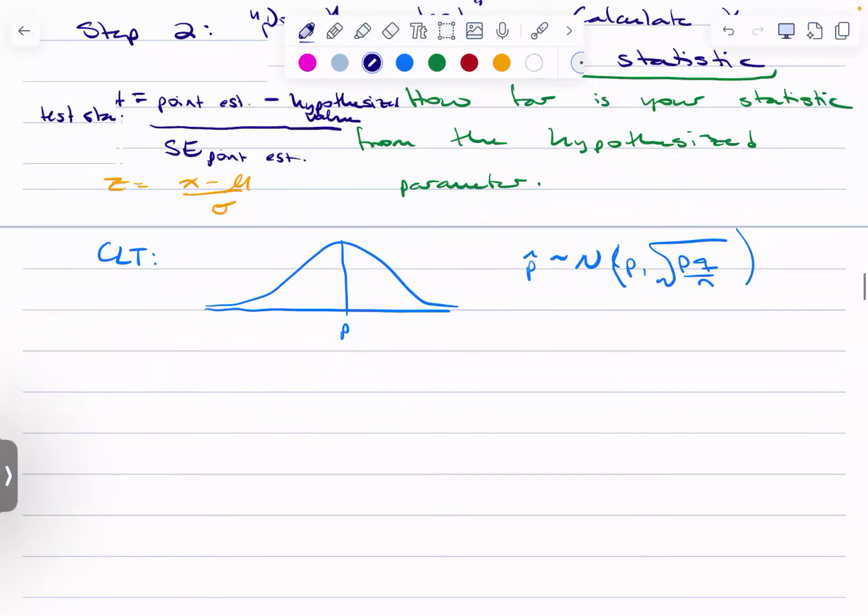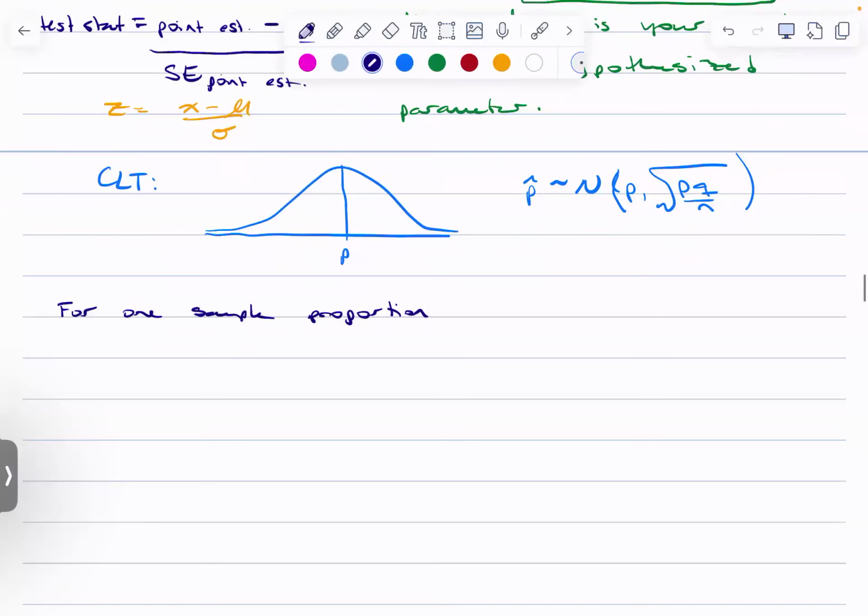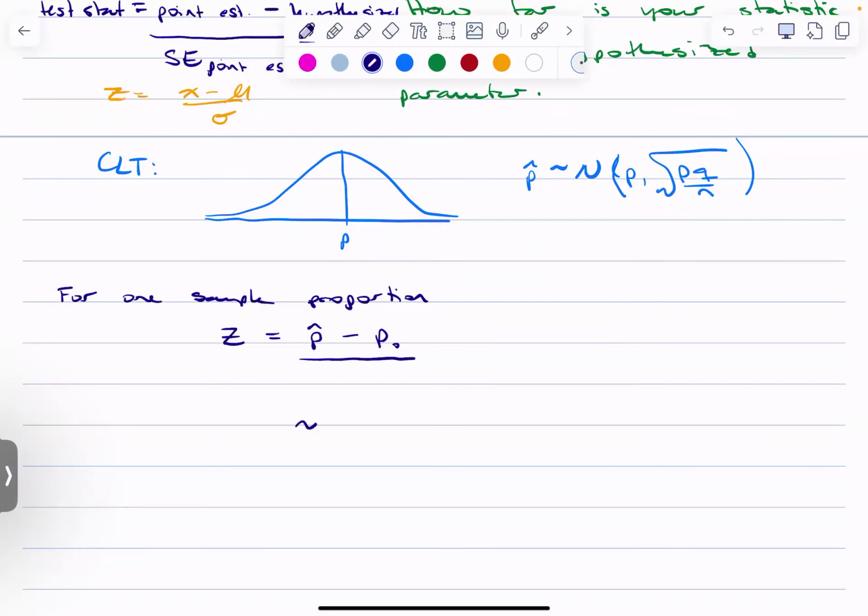So for one sample proportion, we'll be able to calculate a Z because it came from a normal distribution. Z is going to be p hat minus p naught. How far is my sample proportion from my hypothesized proportion, if the spread, and this is where it gets a little bit weird, is the square root of p naught q naught over n.